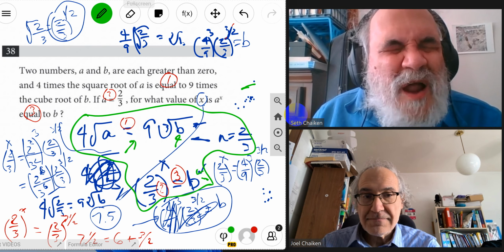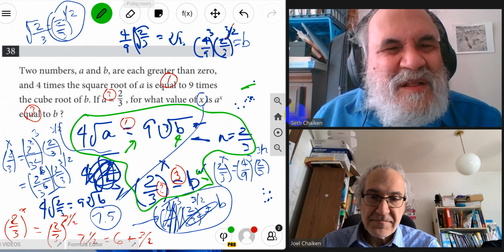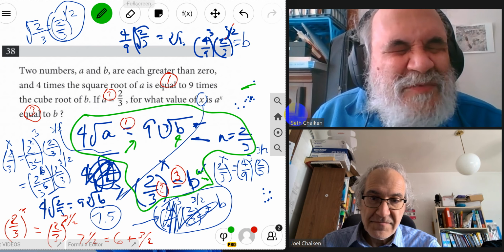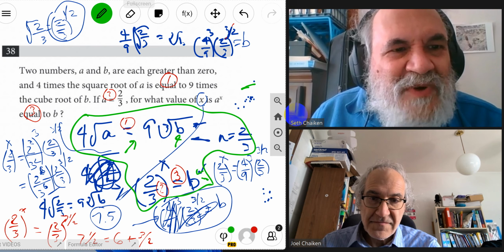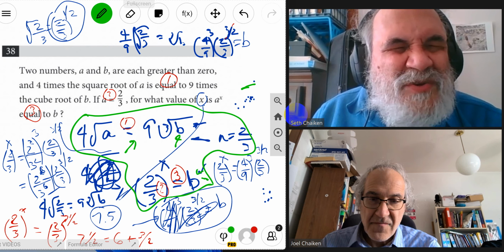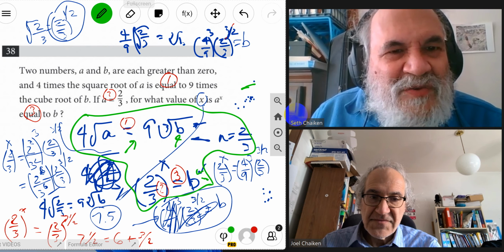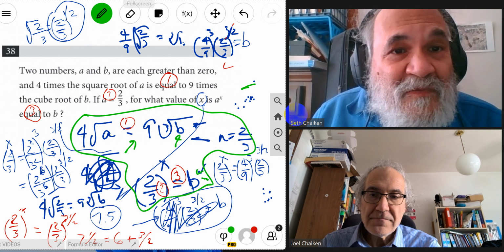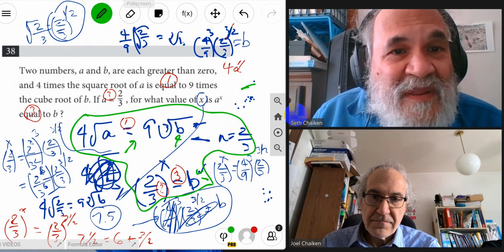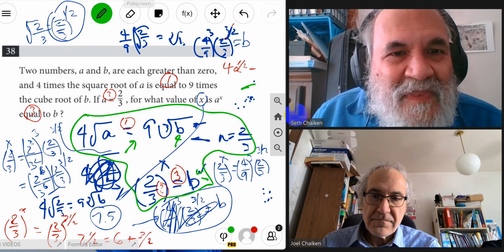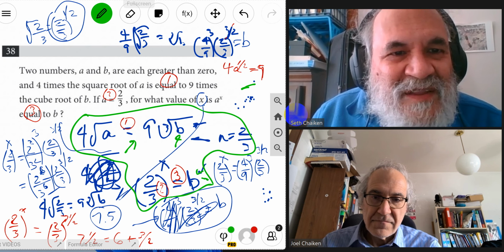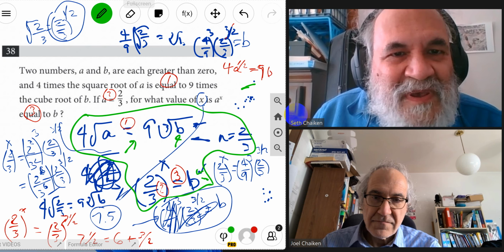I would have done this. I would have written 3 equations. I'd use the fractional form of square root right away. So I'd write 1/4 times A to the 1/2 equals 9 times B to the 1/3.